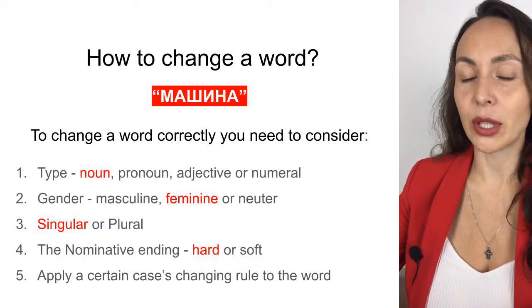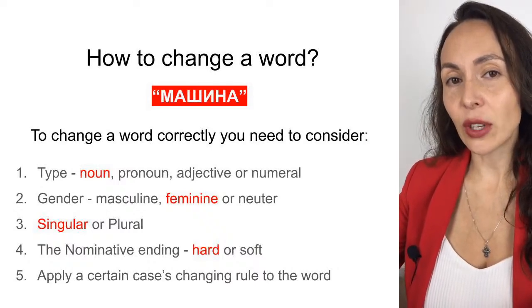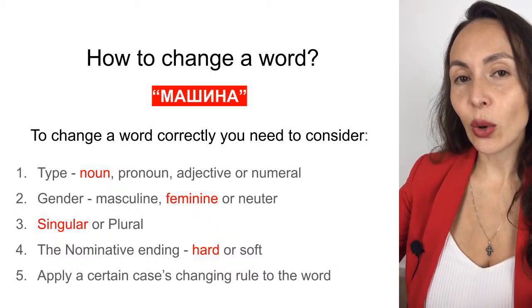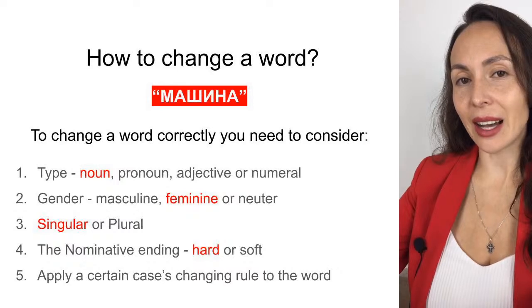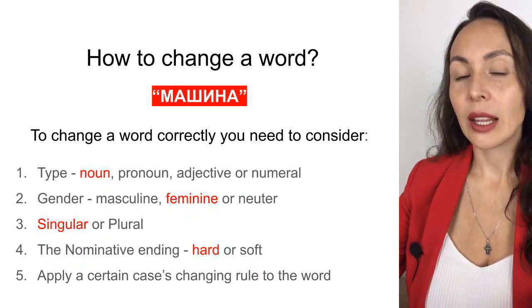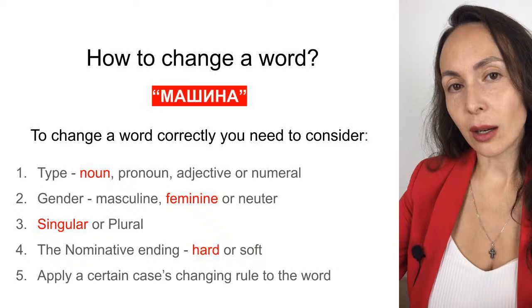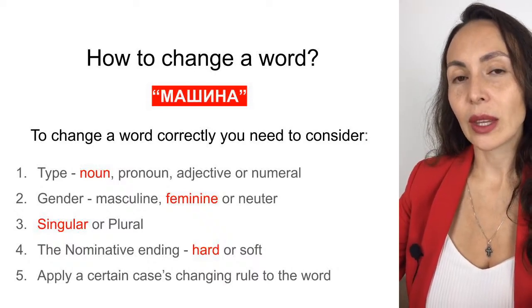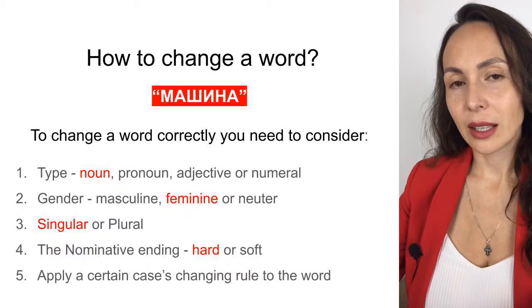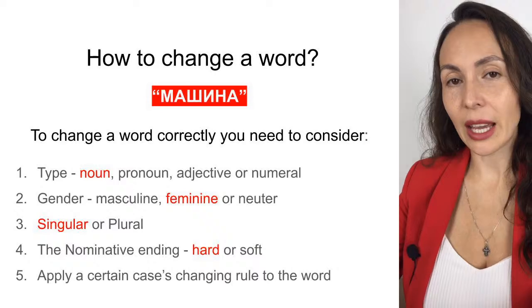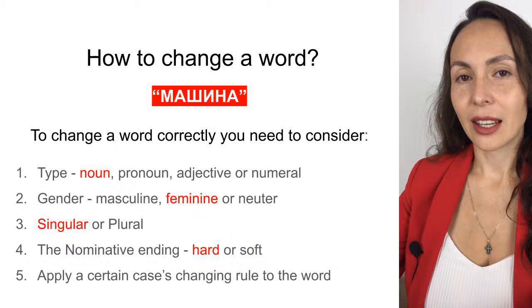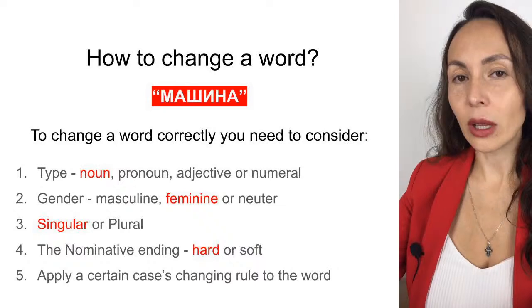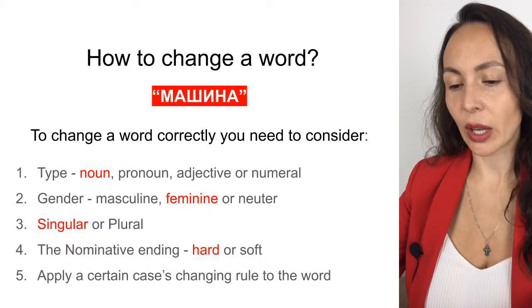And the opposite, if it was a soft ending, for example, тетя, you have я, this soft vowel, then you will change this word considering this. All the endings that you will add will be soft as well. This is the phonetic harmony rule in Russian.